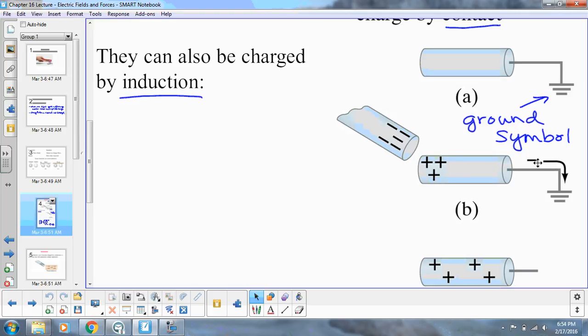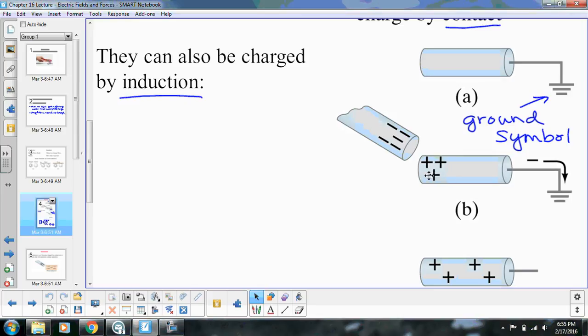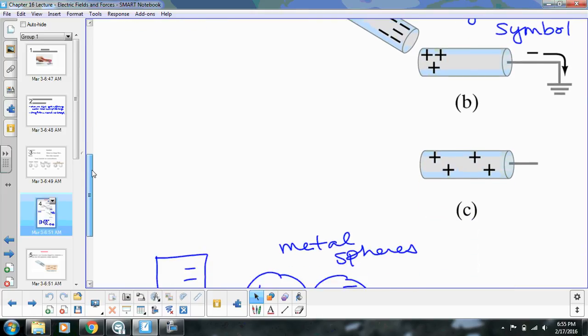It's going to push away the negative charge into the ground, and it's going to pull the positive charge towards it. So that will result in a positive charge on this object. Then if I unattach the ground, so now I've unclipped the wire, suddenly my object is charged. So when I charge by induction, I don't actually touch the two objects.